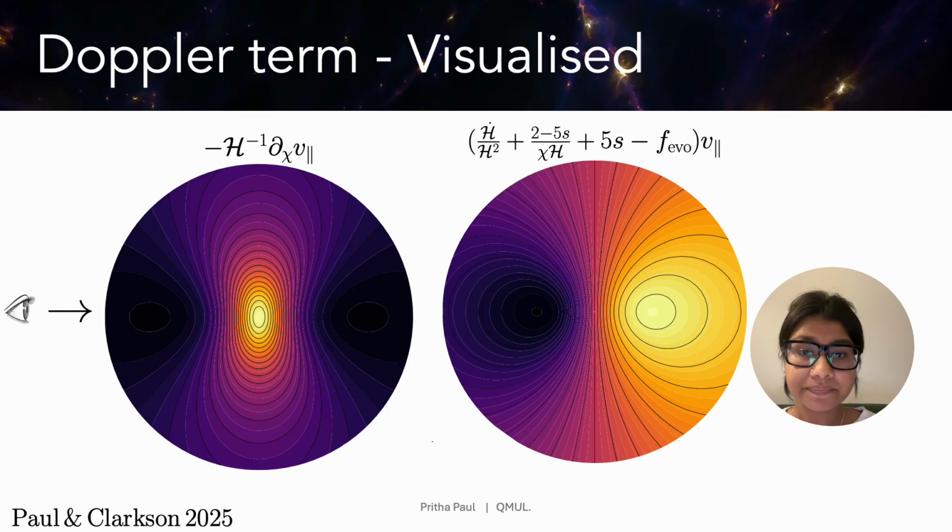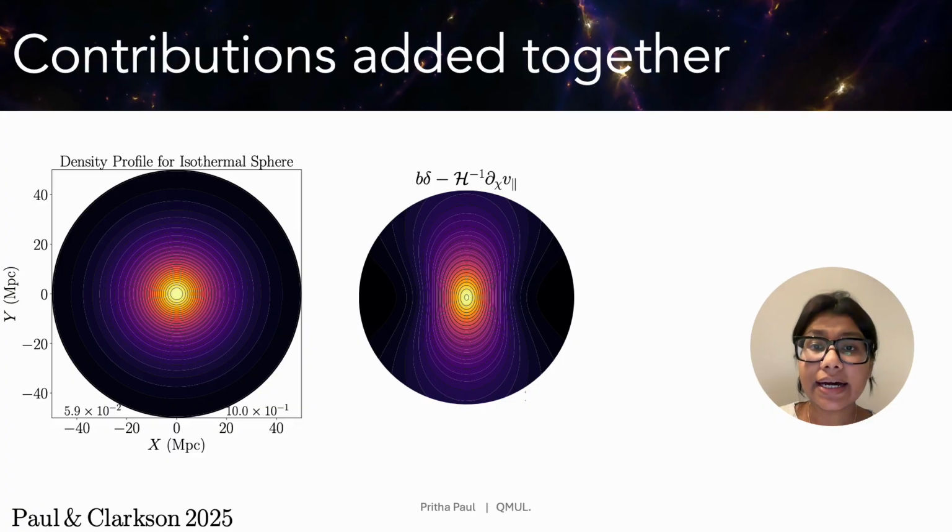The Doppler term is very different to the Kaiser term. Visualized, it is not symmetric along the line of sight. Instead, it has a dipolar shape with an overdensity on the right and an underdensity on the left. Here, I am showing the Kaiser term added onto the isothermal sphere, so the overdensity is compressed along the line of sight into an ellipse.